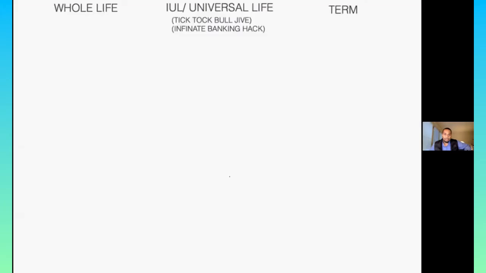So I'm gonna share this whiteboard here with you guys. So essentially, there's three different types of life insurance. There's whole life, there's universal life or IULs, and there's term. All right.